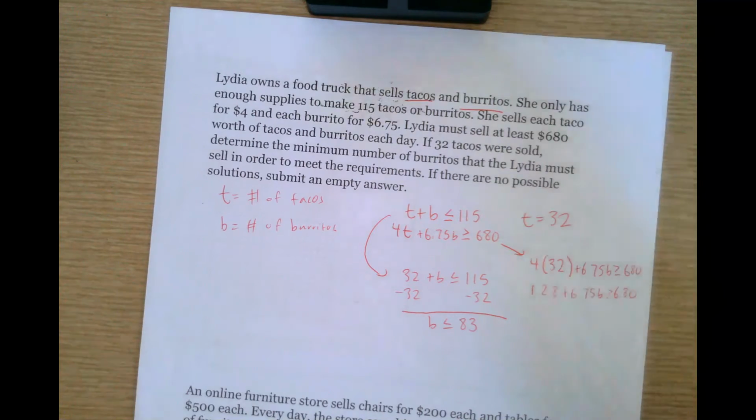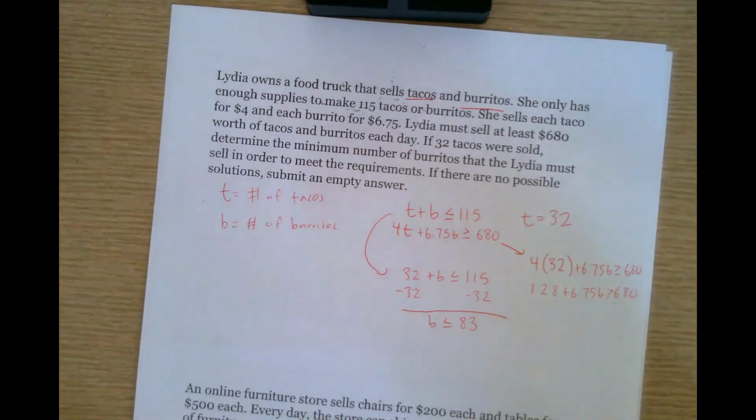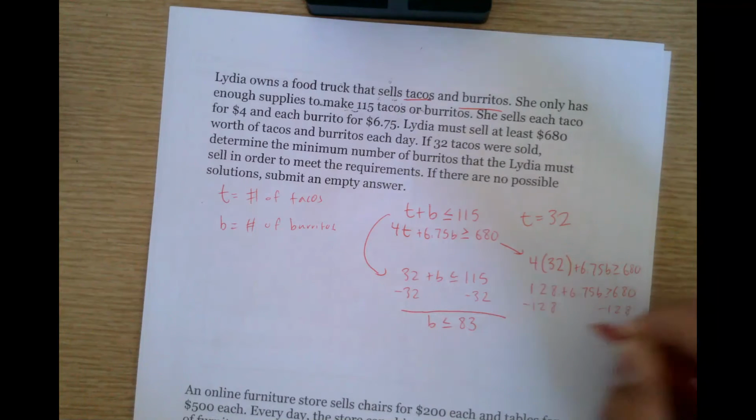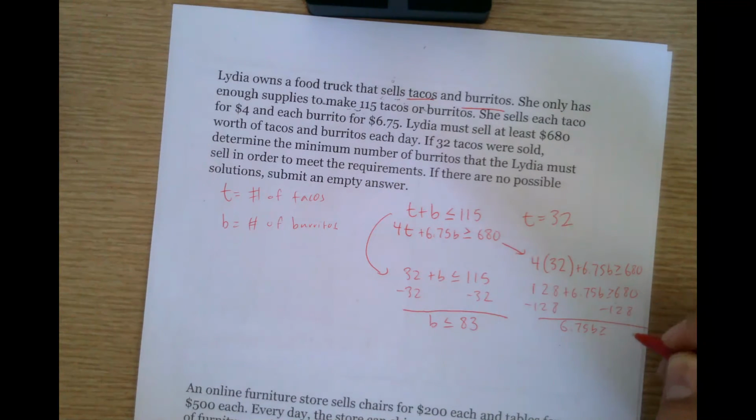All we're doing right now is plugging 32 into our equation and solving for B. That is 552.